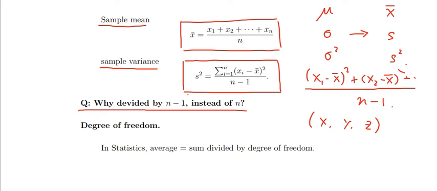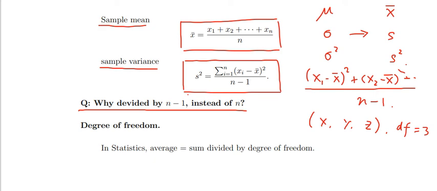Each one can change freely, with no restriction. So for this data of three numbers, the degree of freedom is 3. Each one has 1 degree of freedom, so the degree of freedom is 3.